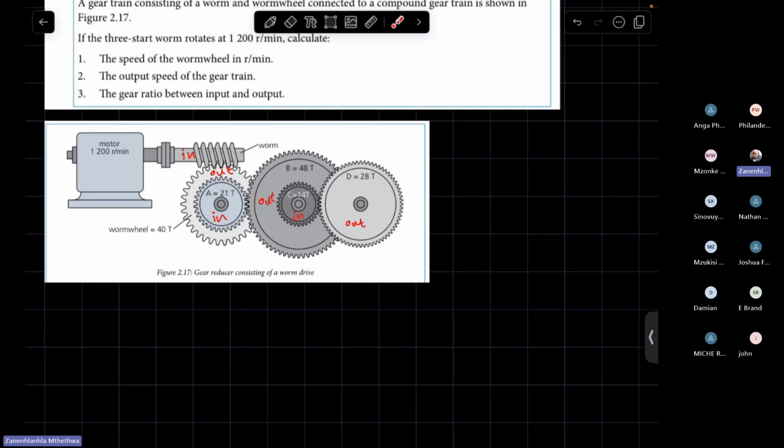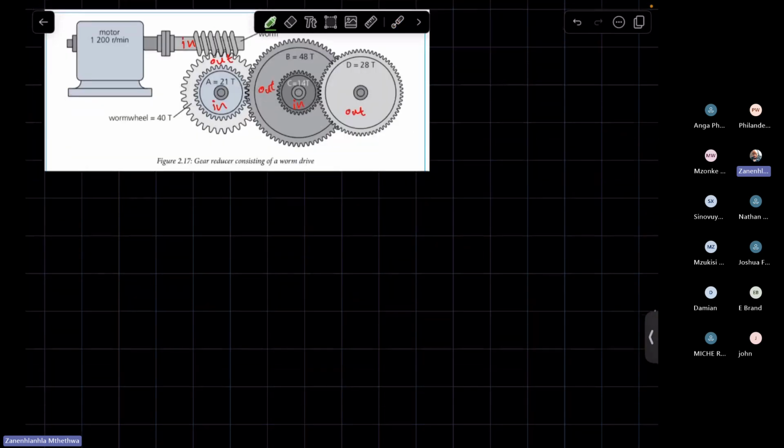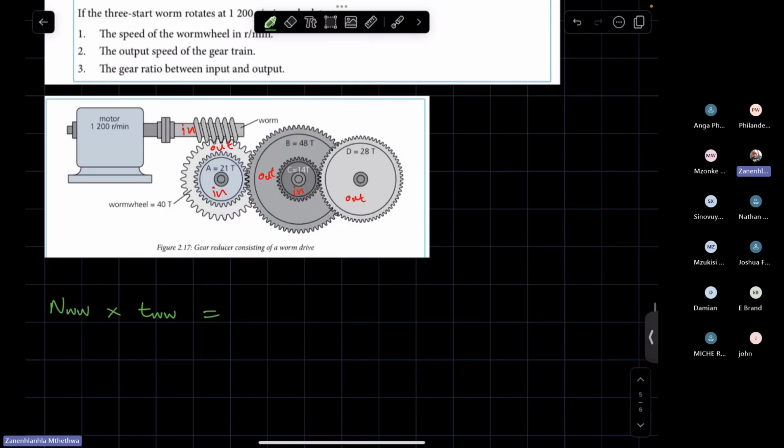The circumferential velocity of the worm wheel, which is NWW, the rotational frequency of the worm wheel, where WW stands for worm wheel, times the number of teeth of the worm wheel, is equal to the circumferential velocity of the worm. And that is equal to the worm's rotational frequency, NW, where W stands for worm, times the number of starts, since the worm doesn't have teeth, but it does have starts.